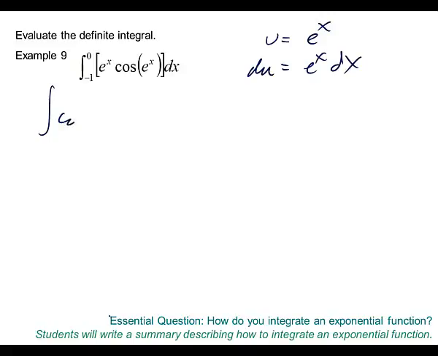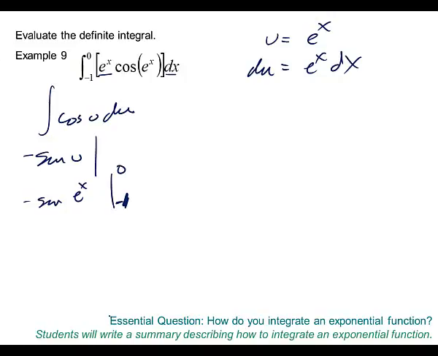I've got cosine of u, and for the e to the x dx, I'm putting in du. When we integrate cosine of u, I get sine of u. And then instead of plus c, we're going to put our bar because we don't know what the bar is quite yet, since we've got to sub back in my x's. So e to the x from -1 to 0.